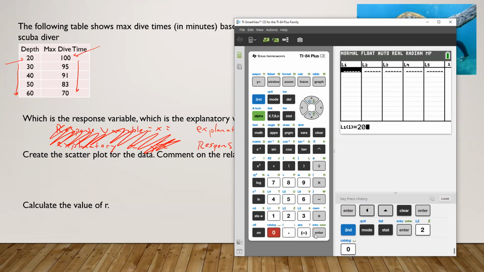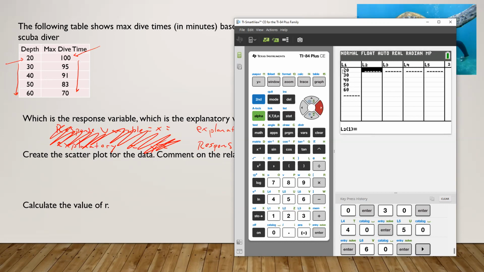So 20, 30, 40, 50, and 60. It looks like there's just 5 data values. So going over to L2, you're going to put 100, 95, 91, 83, and 70.